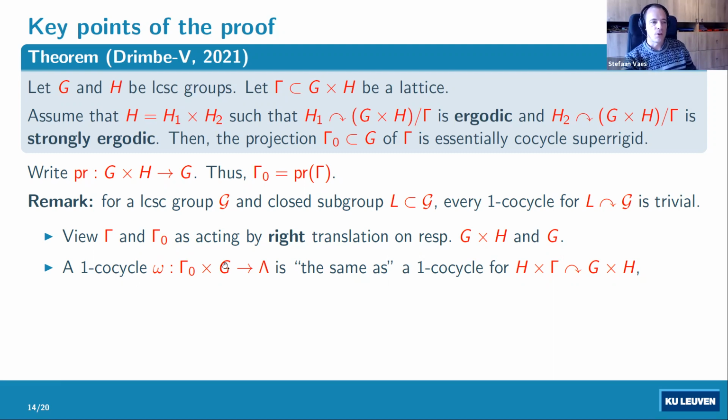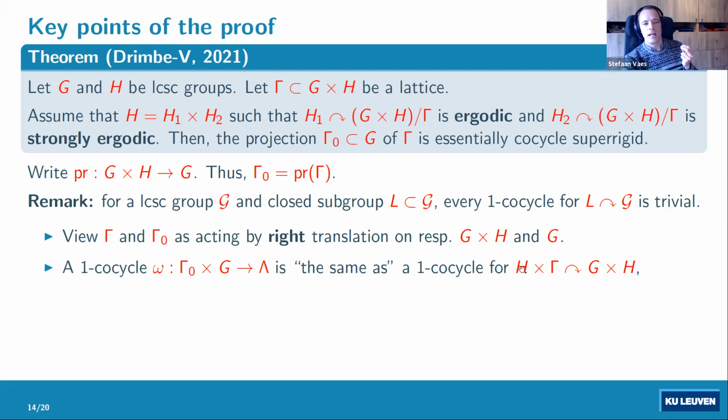So now assume that we are given a one cocycle with values in any countable group lambda, and I have to prove to you why it is essentially cohomologous to a group homomorphism from gamma 0 to lambda. Well, thanks to this kind of easy remark at the start, such a one cocycle is actually essentially the same as a one cocycle for the action of this group on G times H, where gamma is acting on the right and H is acting on the left in this variable.